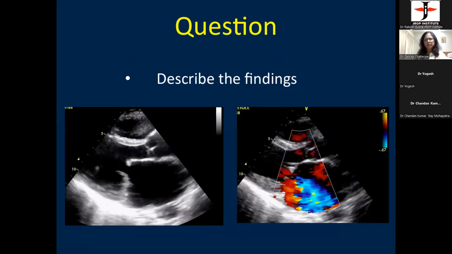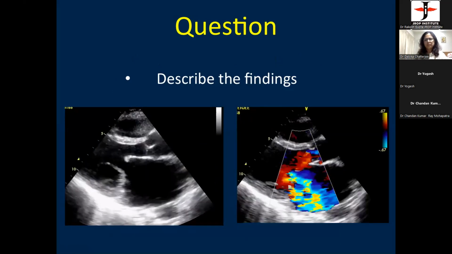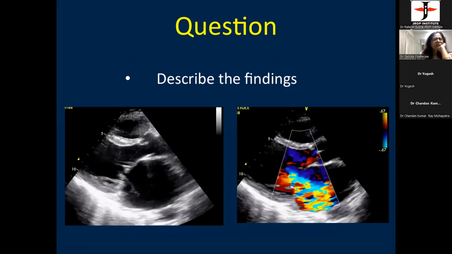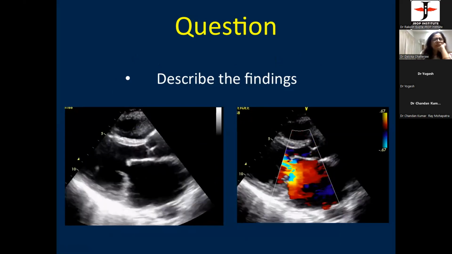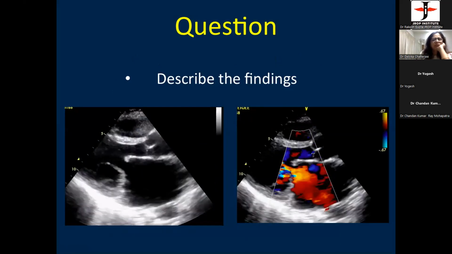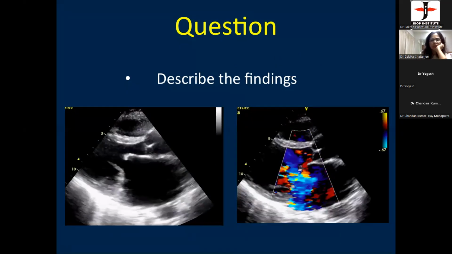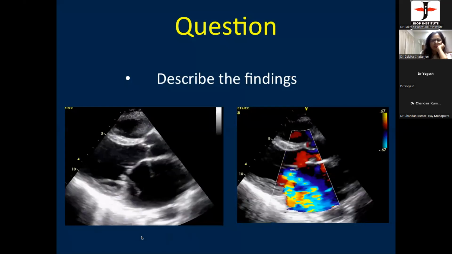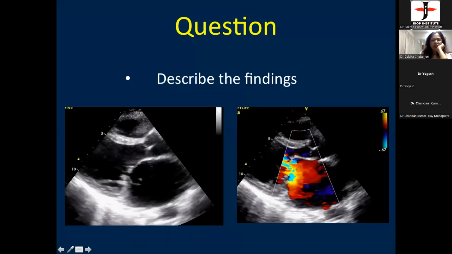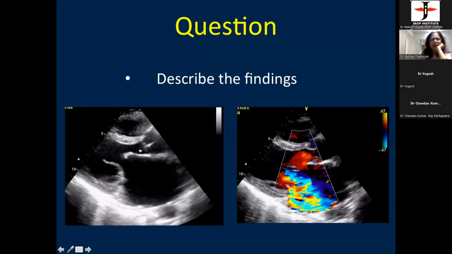Sir, this is a clear picture of severe MR. Very true. If you happen to see this kind of picture, you don't have to assess its severity. Go straight for valve repair. Chordal rupture is an urgency to replace it. Great, go ahead. She has done a very good job.